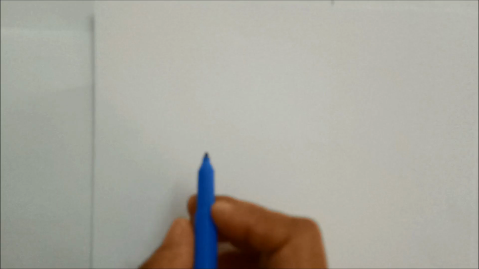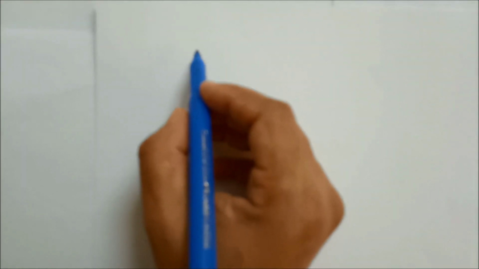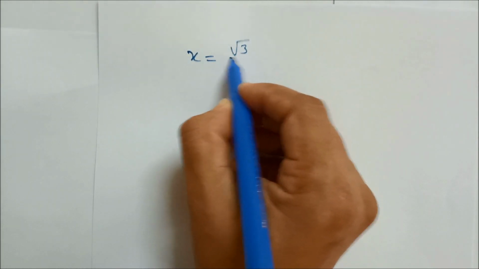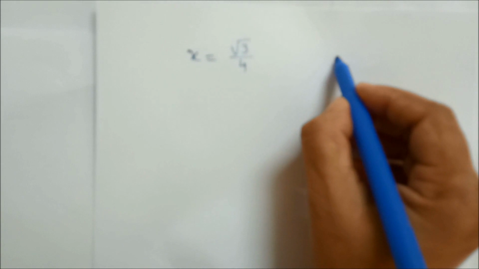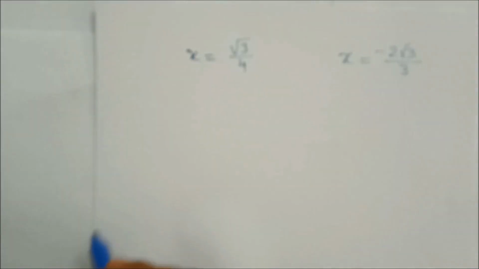Suppose in the exam it is asked to calculate the roots of the given quadratic equation up to the second place of decimal, then in such a case we have to replace the value of the root. Here we have two roots. First is x is equal to root 3 upon 4 and the other is minus 2 root 3 upon 3.